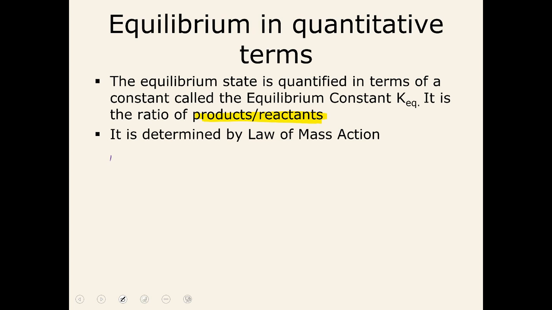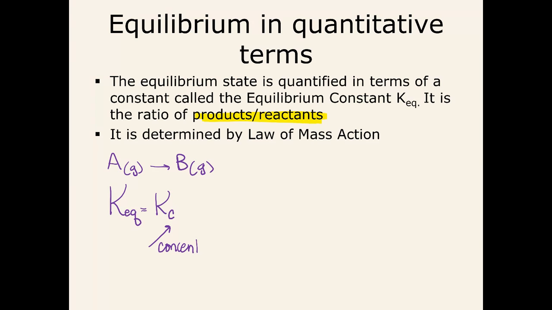Now, if I have a generic reaction of A going to B, then the K equilibrium, I'm going to call it Kc. The C will be for concentration, but there's all sorts of K values. There can be Kp, for example, for pressure.